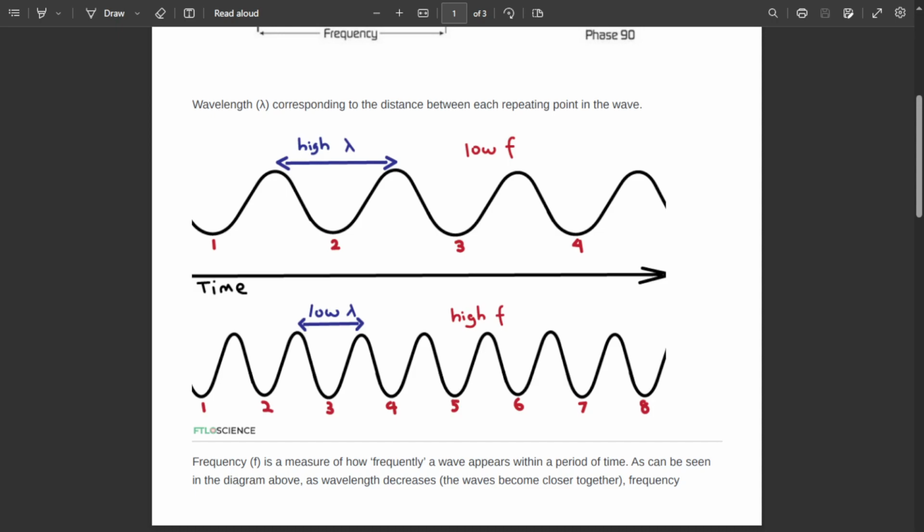Now see here, let's start from 1, then 2. This is the frequency. But here see the duration with respect to time. Start from 1 and 2. As you compare the first figure to the second figure, here 2 comes up here.